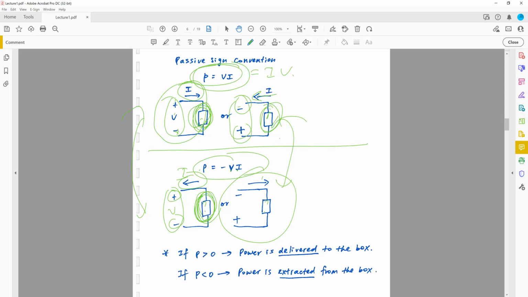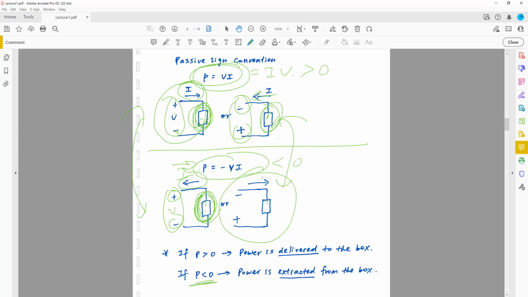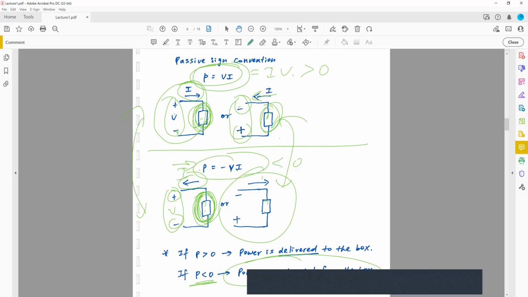So in this case, P is less than 0 because I have a negative sign here, and P is greater than 0 on the top. So the power is extracted from this box. Instead of delivered to the box, the power is extracted from the box.